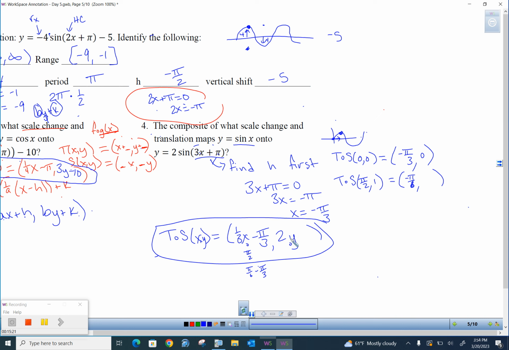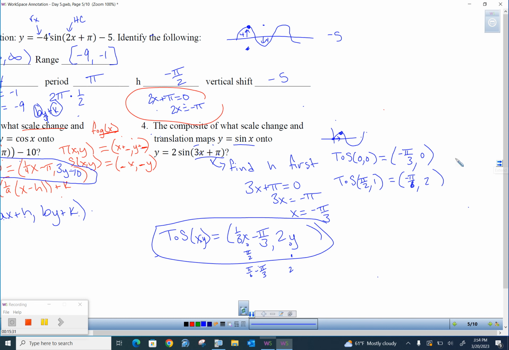And then our next one, same concept, we take that y value, plug it in, so that's 1. 2 times 1 is 2. And so our next point would be at negative pi over 6, 2, and then we could see the pattern of every single time we're counting by a pi over 6 distance rather than a pi over 2 distance to be able to graph the rest.